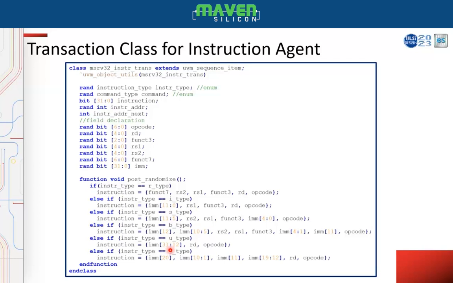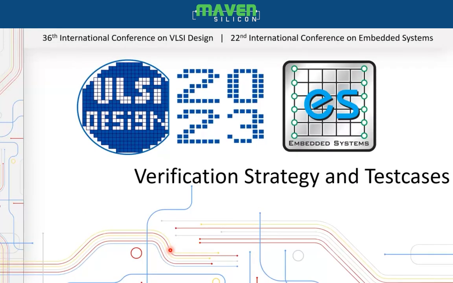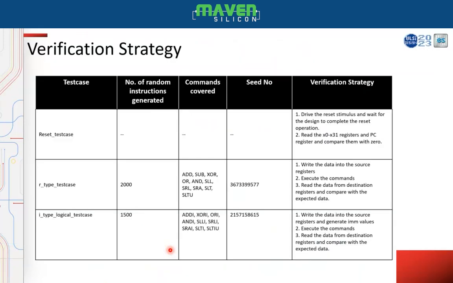Now let me show you the verification strategy that we have followed and the different test cases that we have implemented to achieve 100% coverage. One of the test cases is the reset test case, which cross checks how the reset scenario is working in the design, whether the design is getting reset properly or not. How did we verify this?